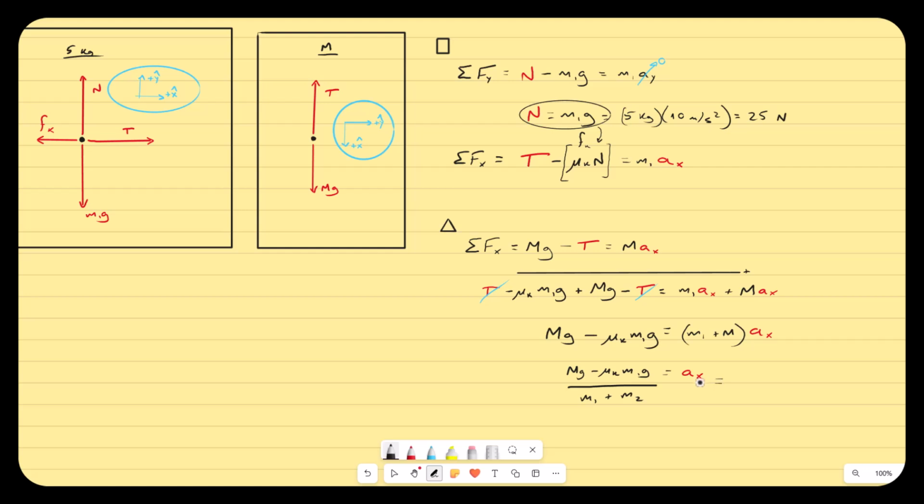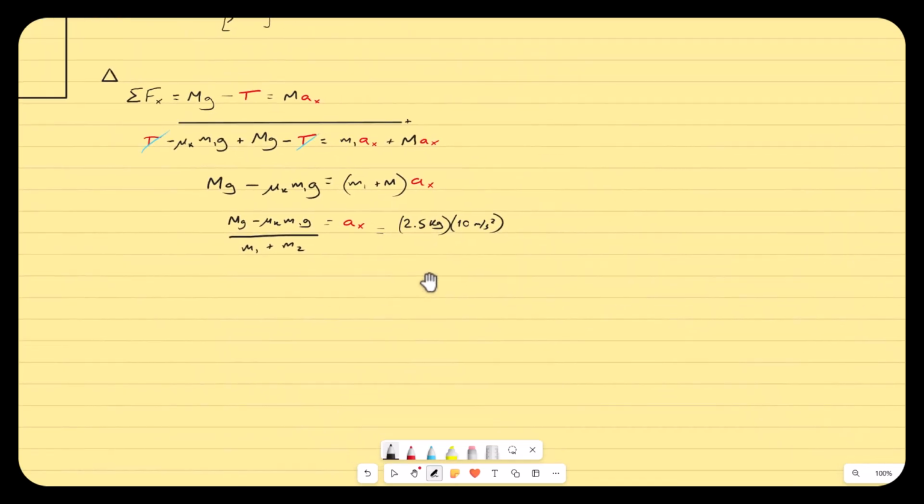So when I plug those values in, I get 2.5 kilograms, 10 meters per second squared, minus the coefficient of kinetic friction, which was 0.2, times 5 kilograms times 10, and then divided by the total mass.